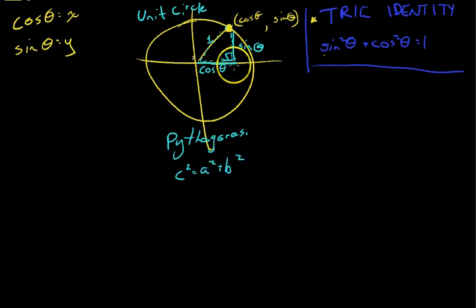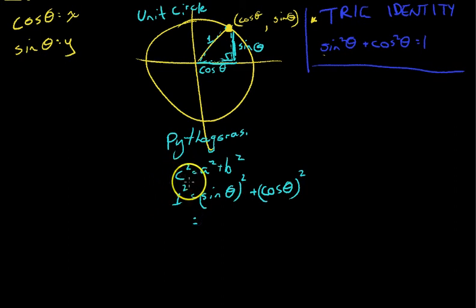Relating it to this particular triangle, c squared, which is the hypotenuse, 1 squared, is equal to a squared, which we'll call sine theta, squared, plus cos theta squared. Now rewriting this is very, very important. 1 squared is equal to 1.